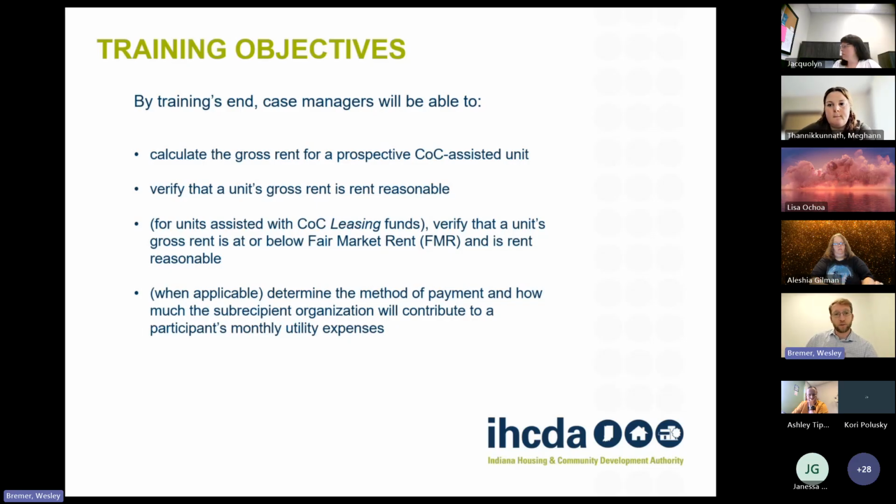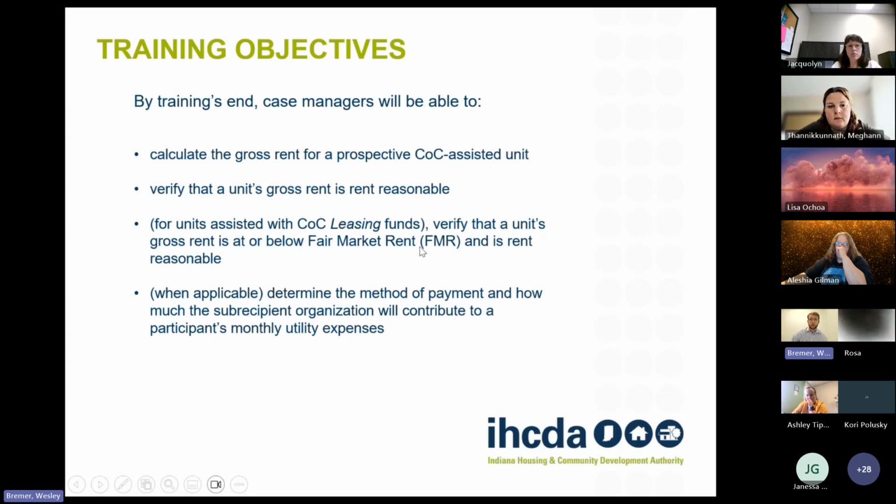First, that they'd be able to calculate gross rent for a prospective unit. Secondly, to verify that a unit's gross rent is rent reasonable. The second bullet point applies to everyone present. But the third bullet point, verifying that the gross rent is at or below fair market rent, and the unit is also rent reasonable, applies to a lot less of the subrecipient awards in the Indiana balance of state.